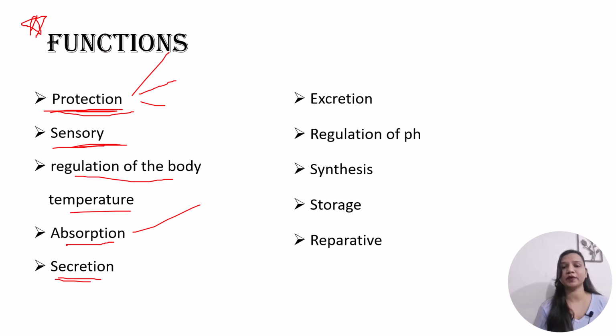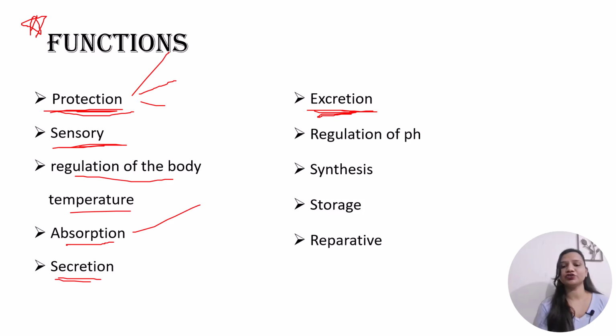The next one is excretion. Through the elimination of sweat, waste products such as urea, salts and water are also eliminated. That's why we say the skin performs excretion function, as urea, salts and water are mixed in the sweat, which are waste products.